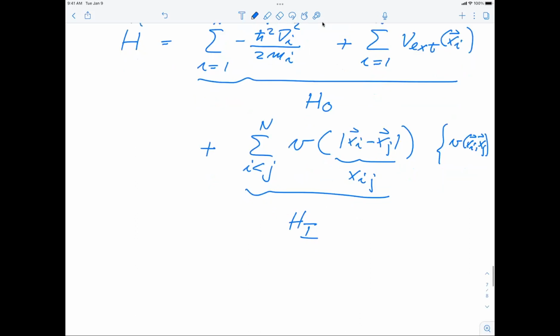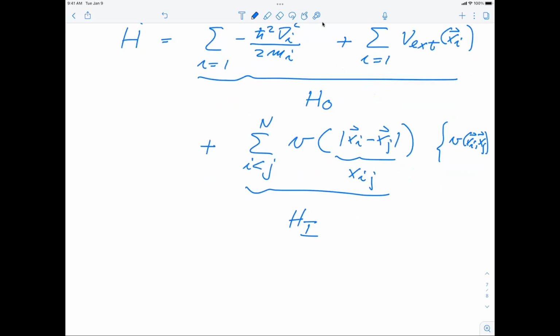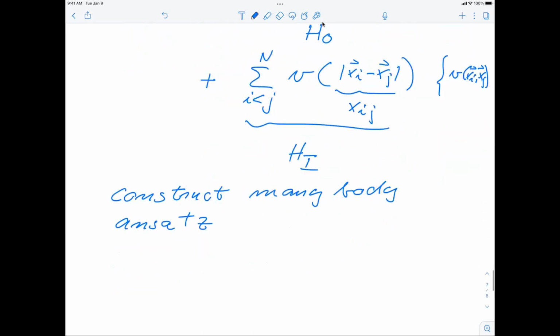Now the thing is that I can construct, and we are coming back to that tomorrow when we look at the construction of a many-body basis based on the computational basis, a many-body ansatz, which I'm just going to call, using an uppercase letter, phi of I, as a state I as well.